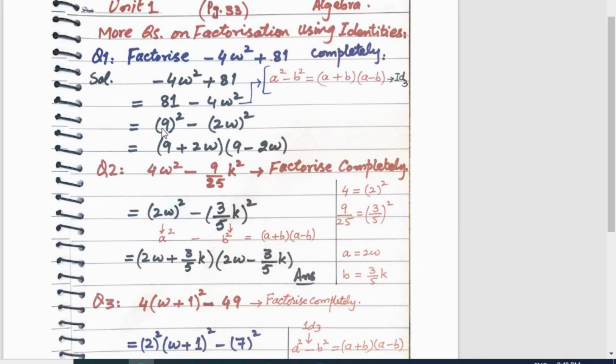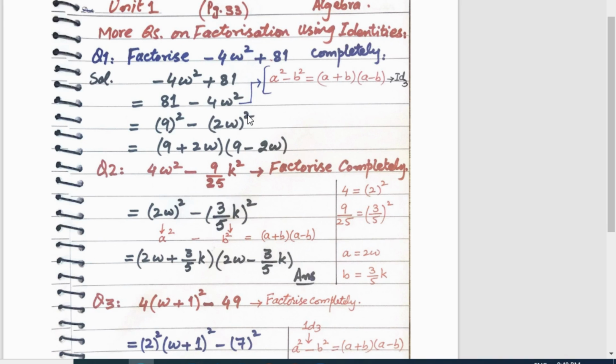So 81 can be written as 9 square, minus 4 is a square of 2. We can write 4 as 2 square. I have written its square already outside, but it does not mean that 4 can be written as 2. 4 can be written as 2 square.